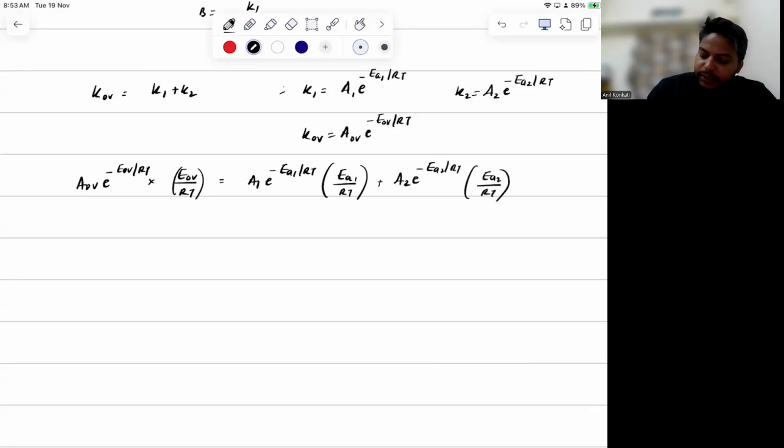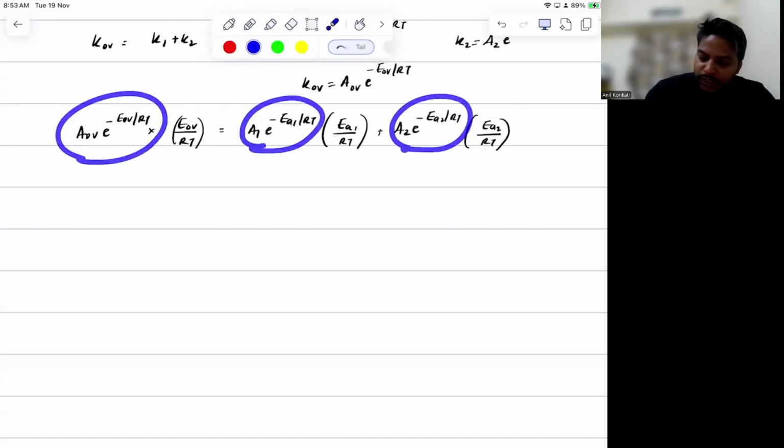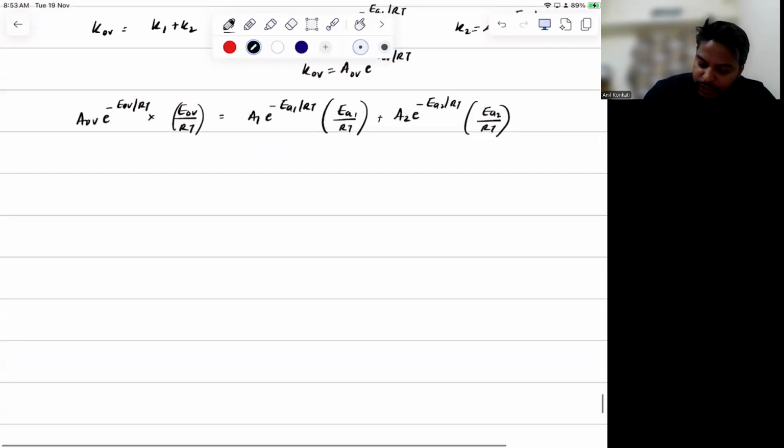This is what you'll get. Now you can notice that this is equal to k overall, this is K1, and this is K2. So we got one equation: k overall into E overall is equal to K1 into EA1 plus K2 into EA2.